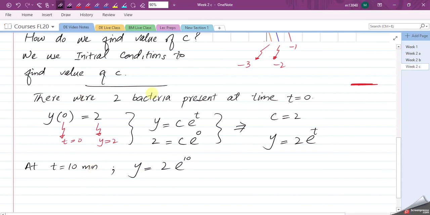If the initial value is this, you can easily note that if we change the initial value, that will slightly change our solution because that will change our c, and that can change this number.